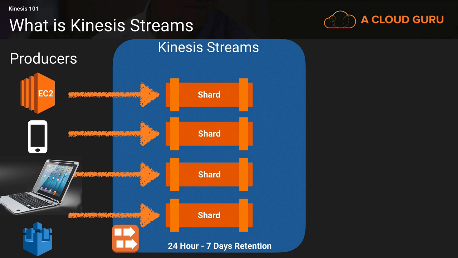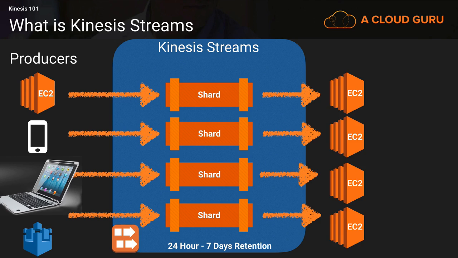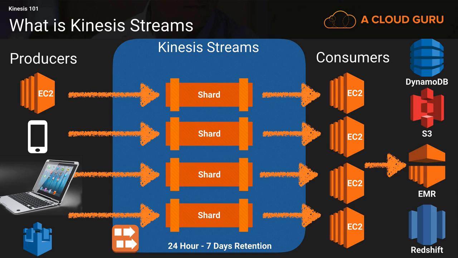These streams are split into shards, and then those shards basically pipe the data to our data consumers, which will be a fleet of EC2 instances. So you have to think about it from an architectural point of view. If the scenario question is asking you about sharding in terms of Kinesis, it's always going to be Kinesis Streams. And then our EC2 instances can then store the data in a whole bunch of different services. So it could be S3, DynamoDB, Elastic MapReduce, Redshift, etc.